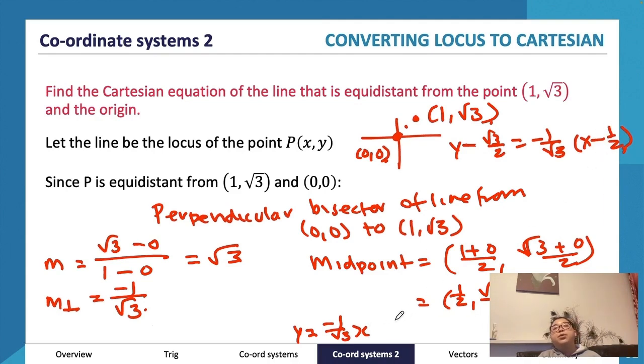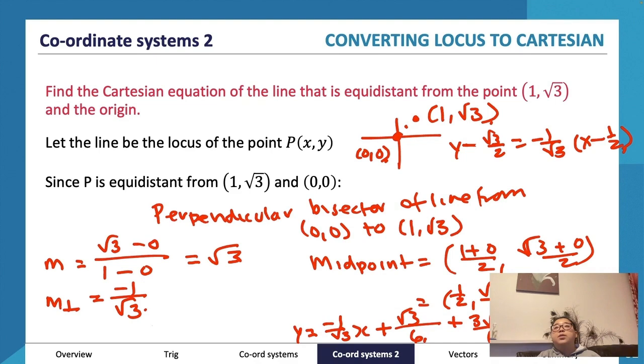So if we times it by root 3, we'll have plus root 3 on 6, right? And we can convert this one as well, so we'll have plus 3 root 3 on 6. So y will be equivalent to negative 1 over root 3 x, and then plus 4 root 3 on 6.